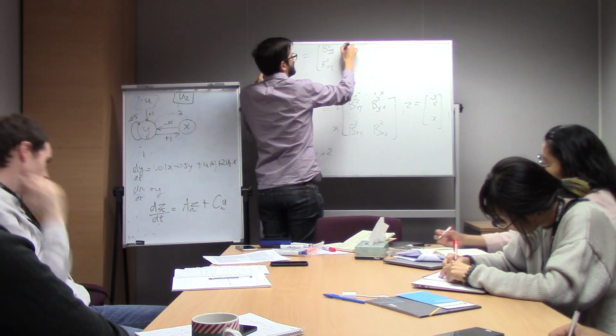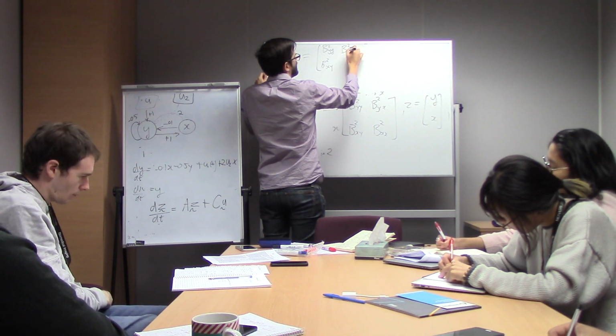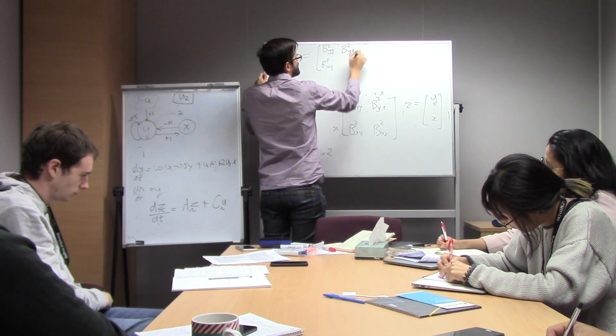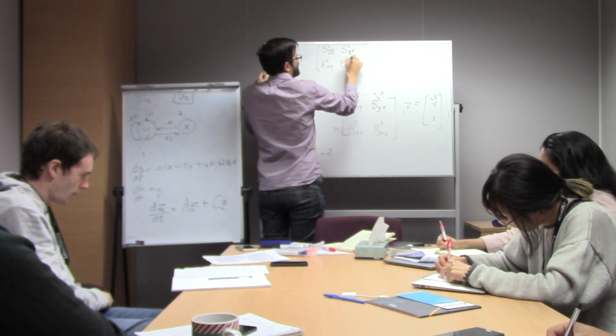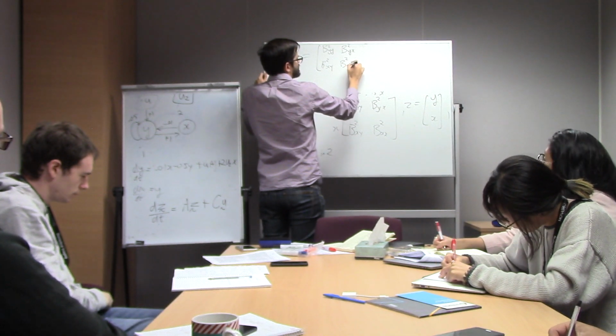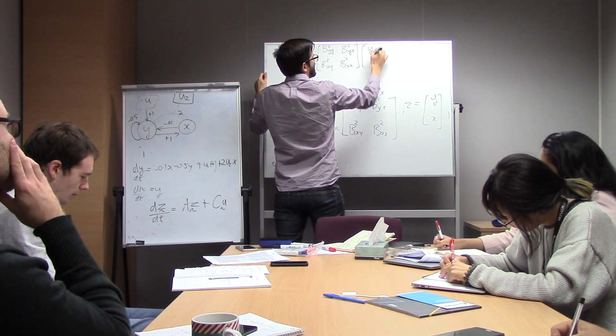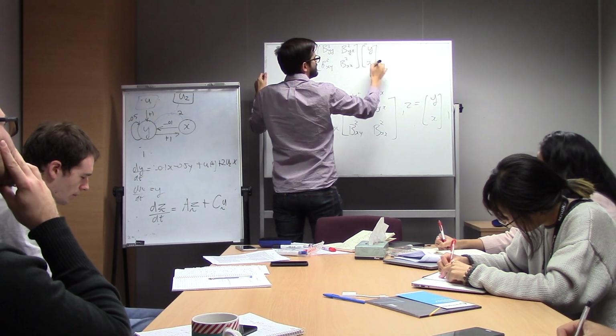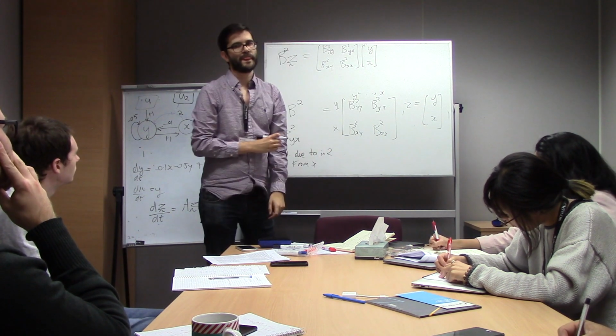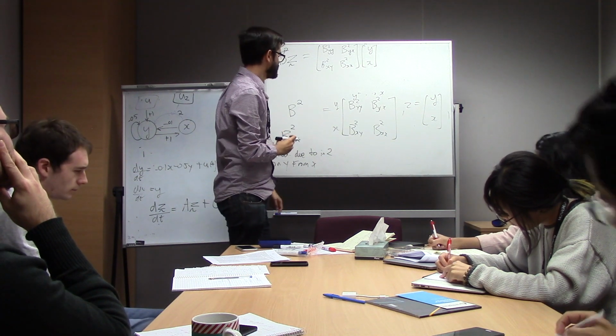X, Y, B2, Y from X, B2, 2X from X, times Y, X. Okay? What is it equal to?